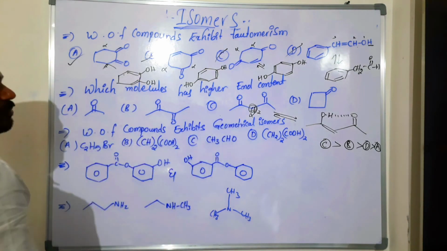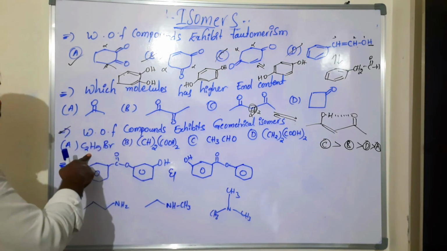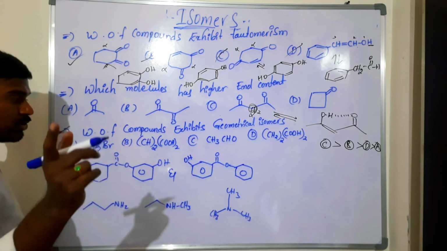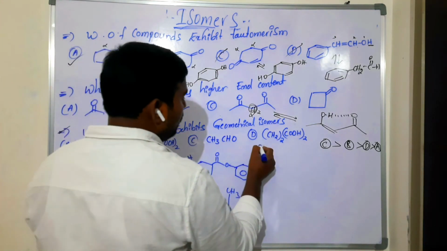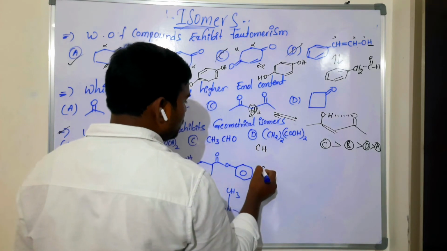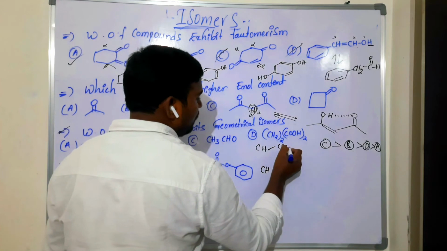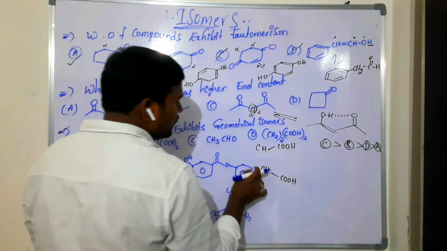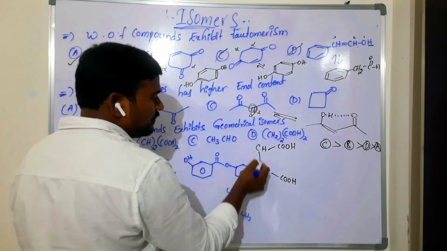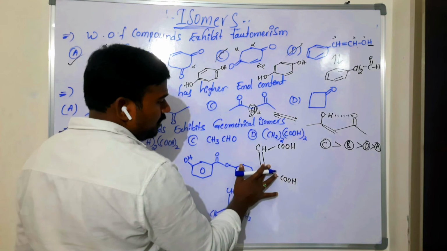Next one: which of the following compounds exhibit geometrical isomerism? To exhibit geometrical isomerism it should have a double bond. This compound will exist as geometrical isomers. B, no. It is written with COOH groups. This has one COOH group, and it also has one COOH group. Now this carbon is getting a total of 3 bonds only, so one more bond will be a double bond.